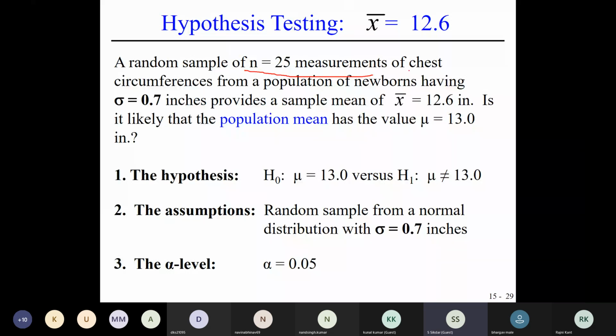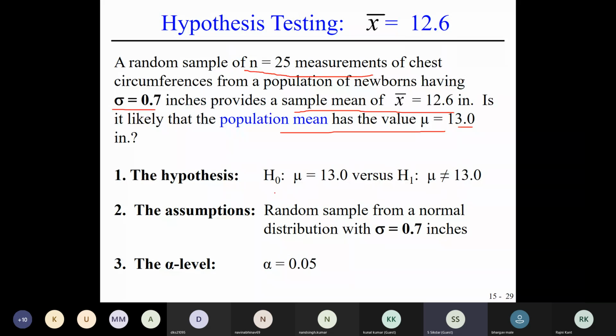The value of sigma is 0.7, and the sample mean has been found to be this. Now from here we have to determine whether the population mean can be mu equal to 13. We have already gotten x bar equal to 12.6.